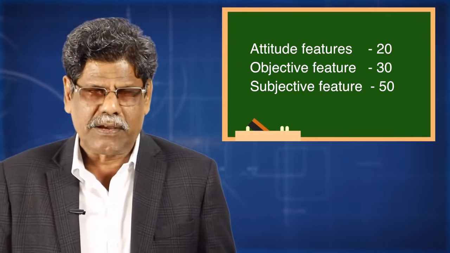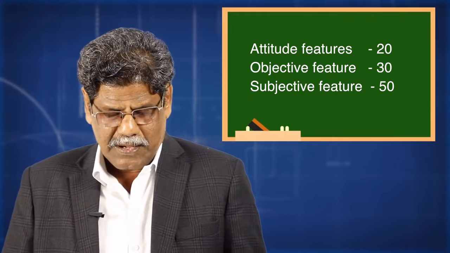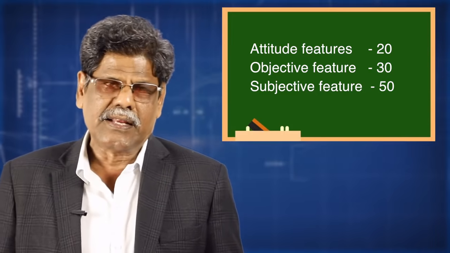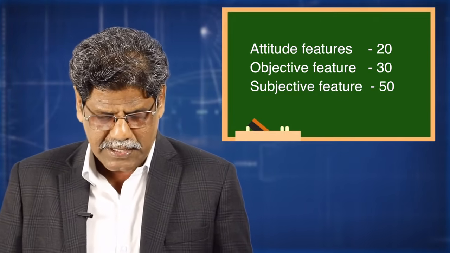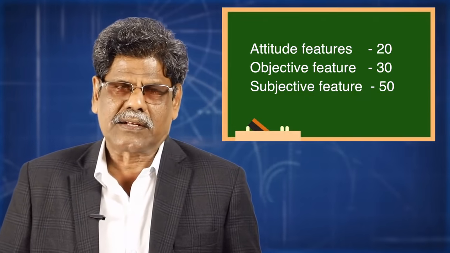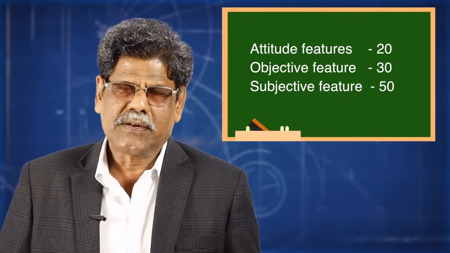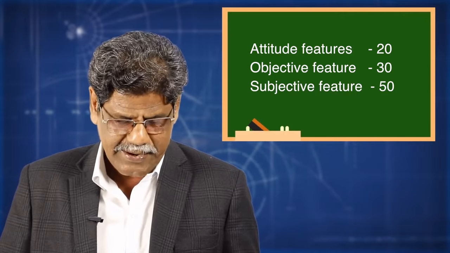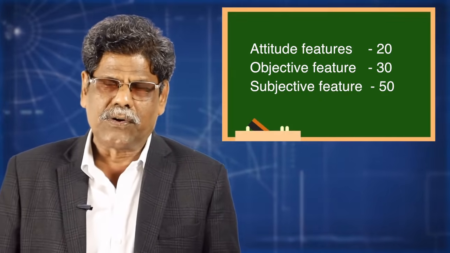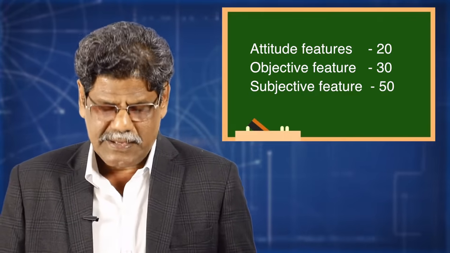That is how they have made the product with the correct dimension, other operations and finishing the workmanship. For this feature, marks allotted is 50. So these are the criteria we have to follow in practical exercise.